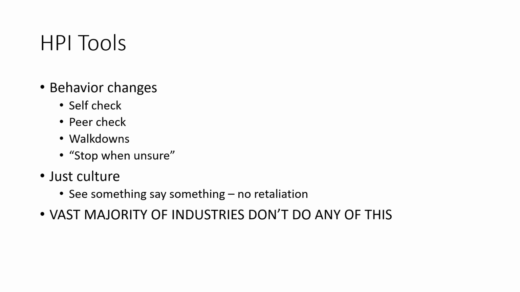And then Sidney Dekker wrote the book Just Culture, but it's essentially about removing a sense of retaliation and blame from your organization, so that if somebody sees something that's wrong, they can bring it up without any retaliation or punitive effects. And vice versa, if they do make a mistake, it's viewed as a learning experience versus an opportunity for blame.